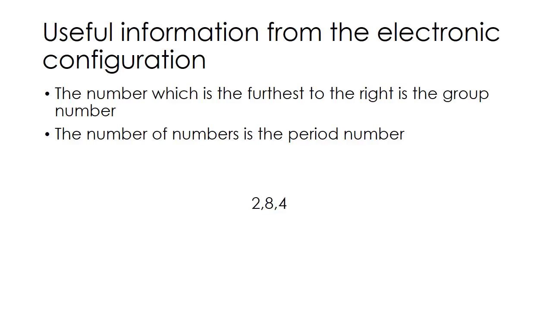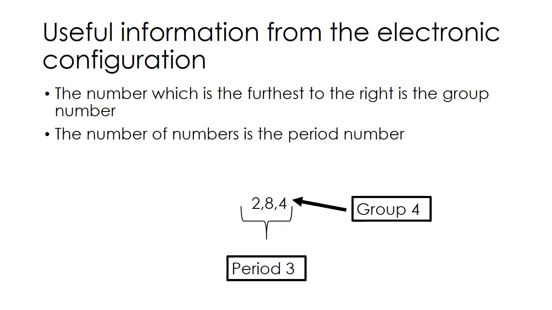If we had the electron configuration of 2, 8, 4, then the number furthest to the right is 4, which means this element is in group 4. And the number of numbers is the period number. We have 3 numbers there, so the element is in period 3. So from looking at that electron configuration, we know that this element is in group 4 and it is in period 3.